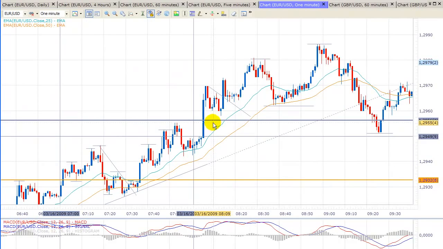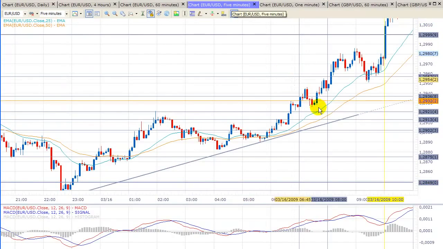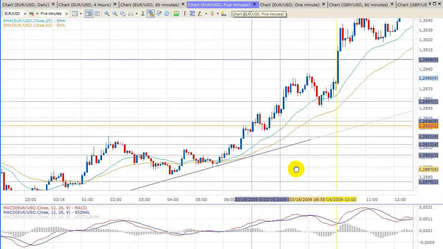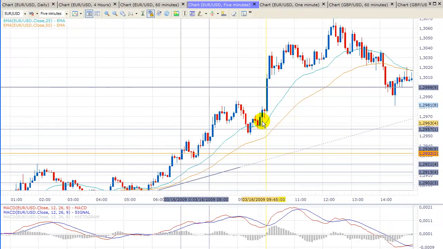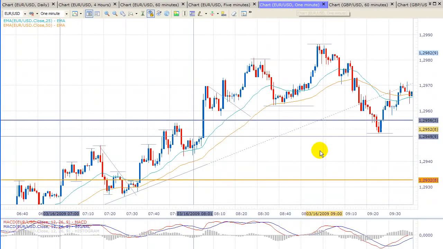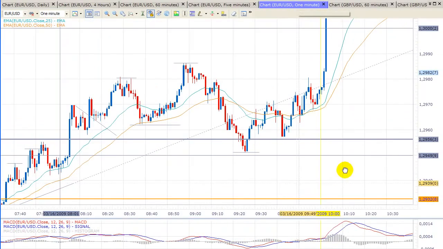And the price kept making higher lows and higher highs, so it was a really good definition of a trend. We can zoom into the 5-minute charts and see that the price just kept going up and up. And this vertical yellow line is news time. It was CPI Eurozone news.